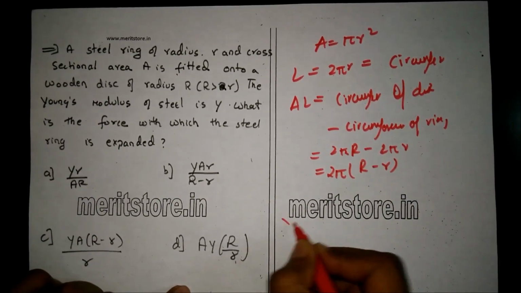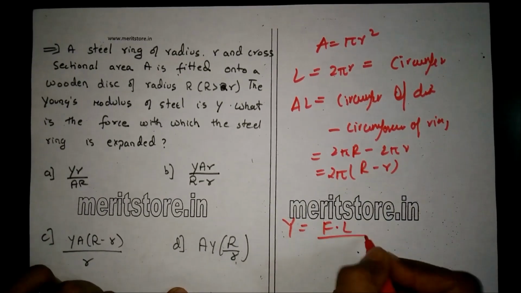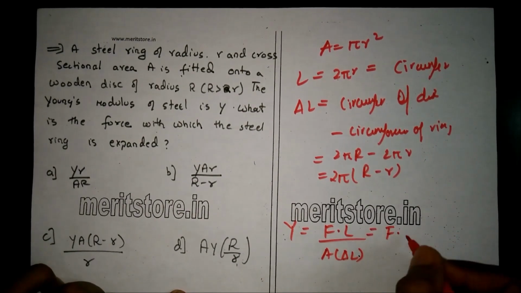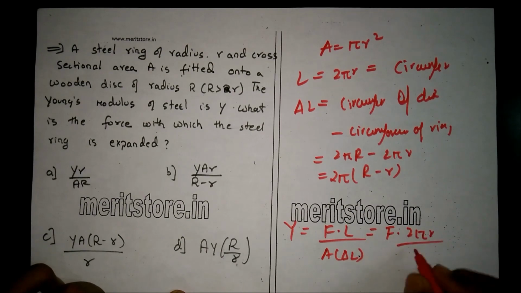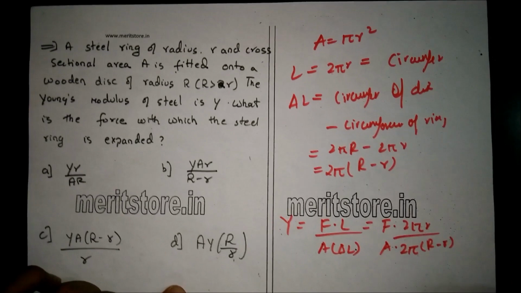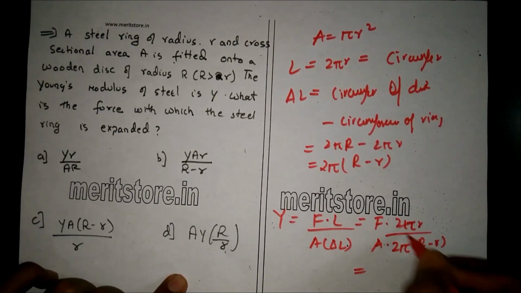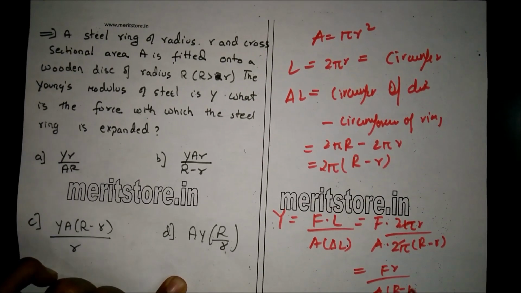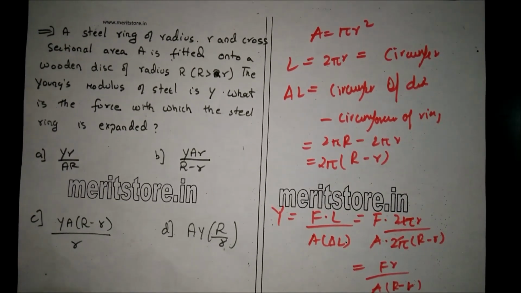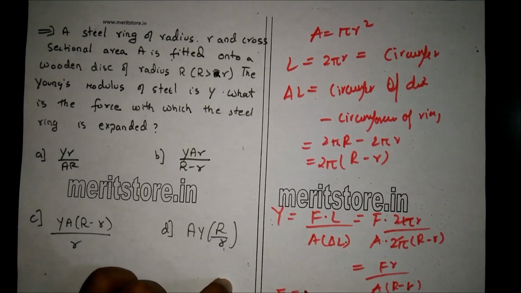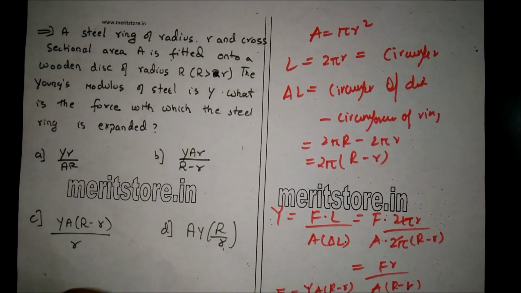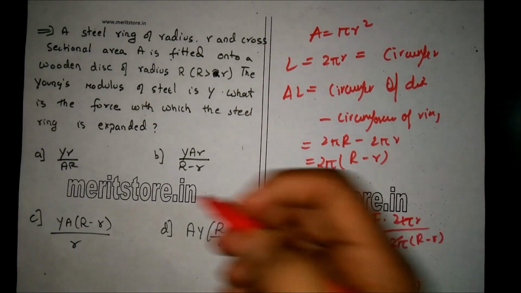Therefore, here the Young's modulus Y will be equal to F into L upon A into delta L, which is equal to F into 2 pi r, which is the length, upon A into 2 pi into R minus r, which is equal to, since 2 pi gets cancelled, Fr upon A into R minus r. Therefore, the force applied will be F is equal to Y into A into R minus r upon r. Therefore, the correct answer here is option C.